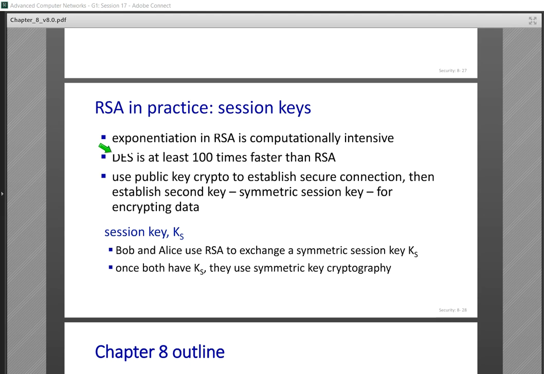The symmetric key is easy, and its problem is with sharing the symmetric key. How can I announce my key value to the other side?